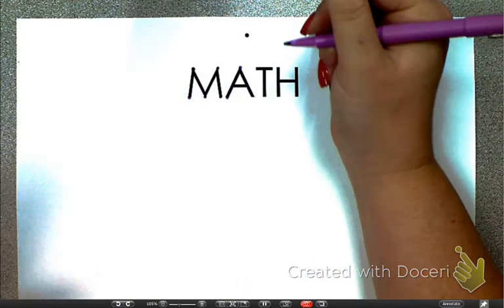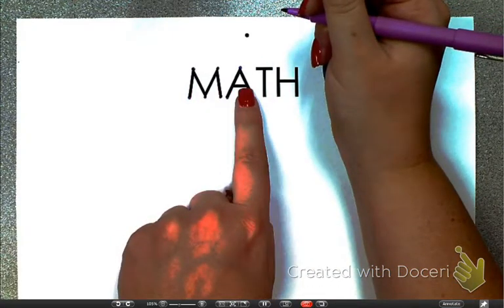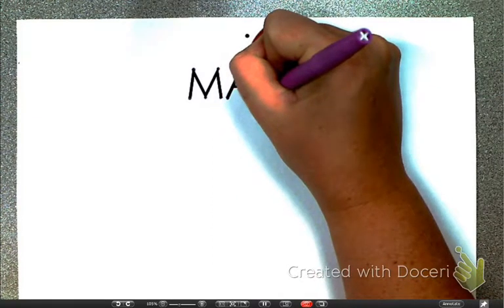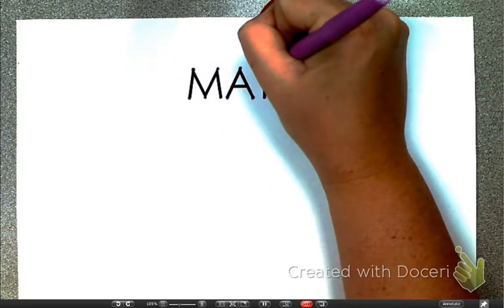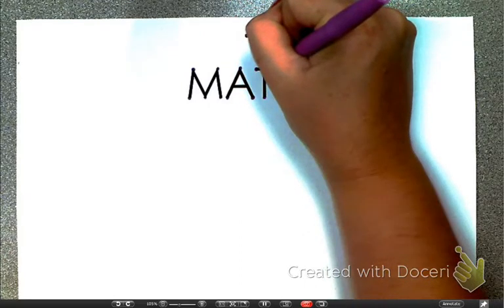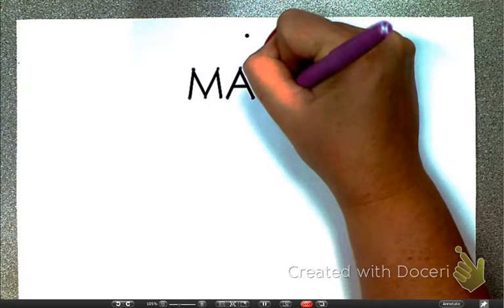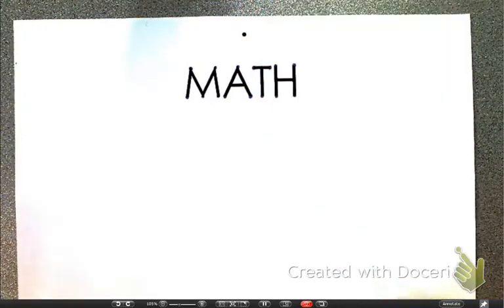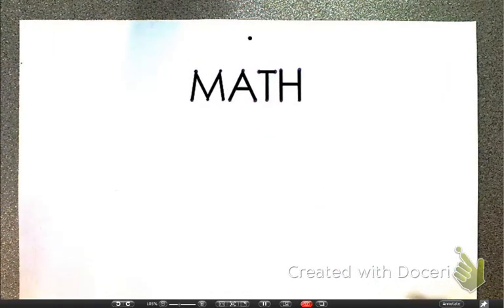There is going to be one here and here. It's just hard to see on the paper. So go ahead and take a second and you're going to add points to the ends of the word math.